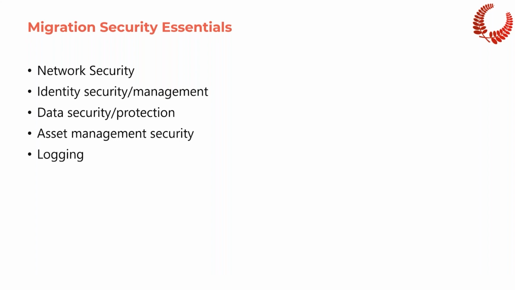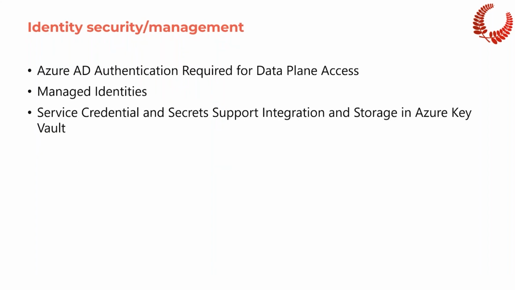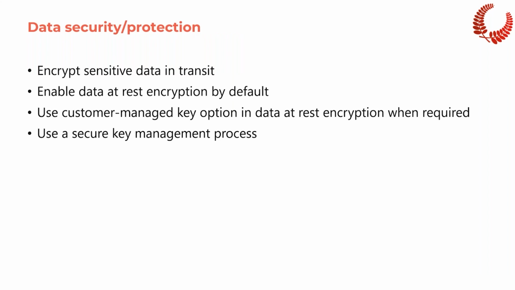Network security, which is private link, private endpoints, and disabling public access for the services that support that. Use the integration whenever possible, and identity security management, which includes our Azure Active Directory, required authentication, and managed identities. And at the end we had data security protection, which is encrypting sensitive data in transit and using Key Vault.